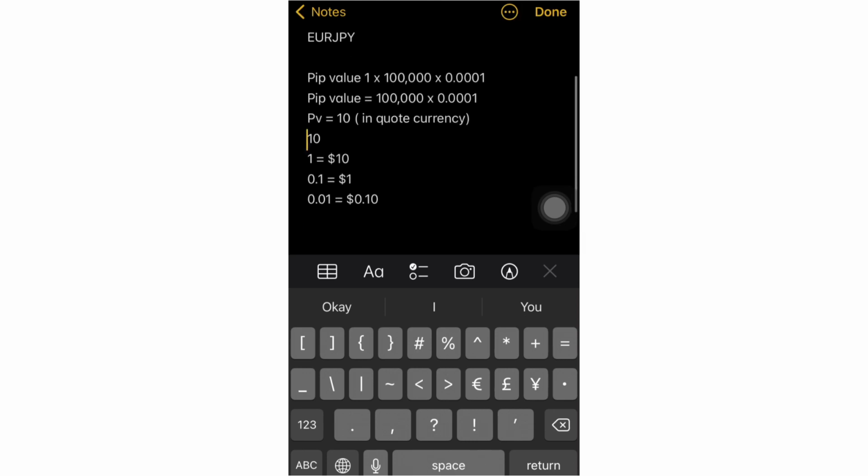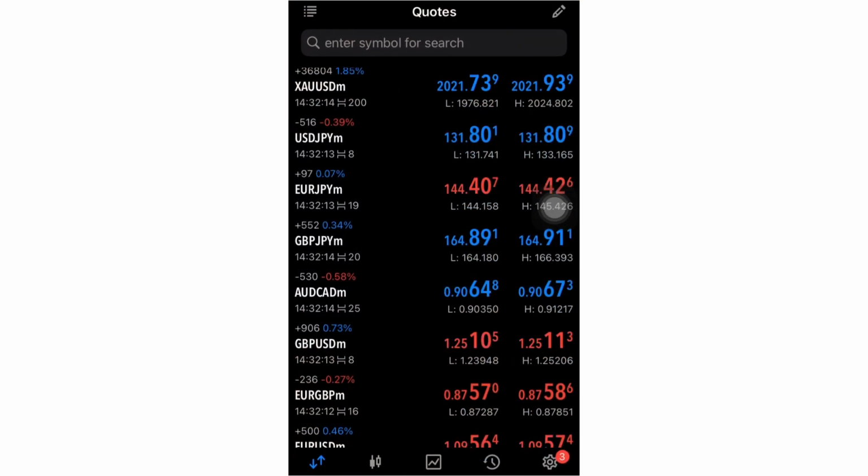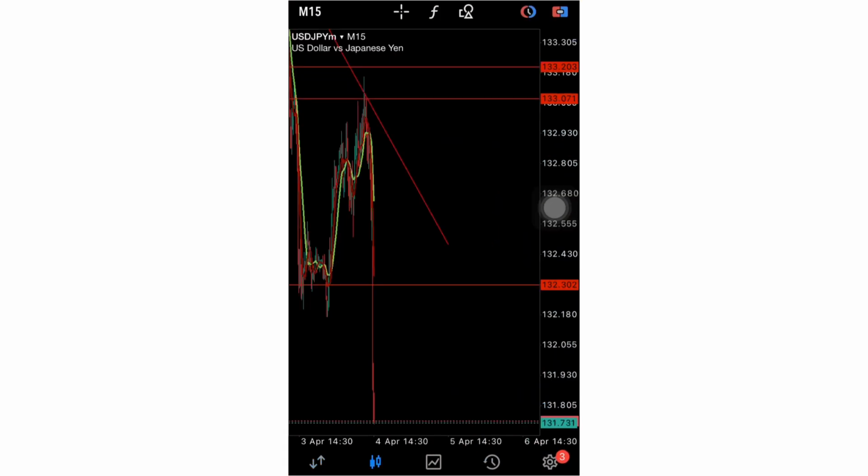So after knowing this, let's go back to our MetaTrader. After knowing this, the next thing is to show you guys how to calculate profit and loss, so that you know how many pips of movement you're going to lose and what lot size you're going to use.